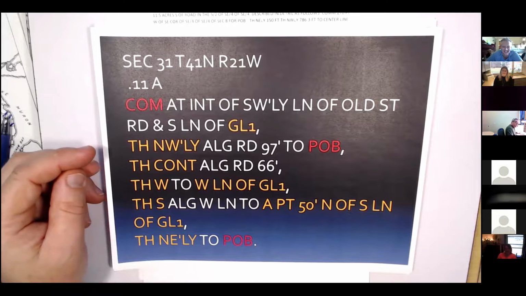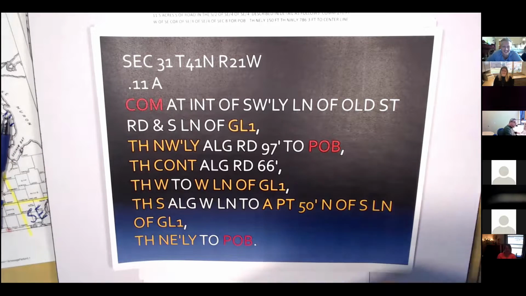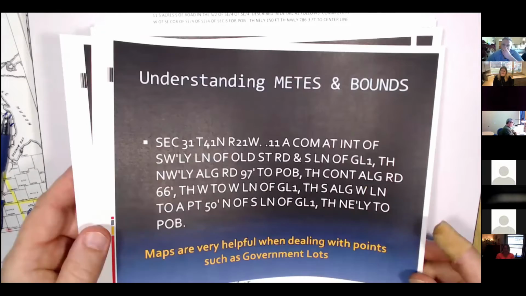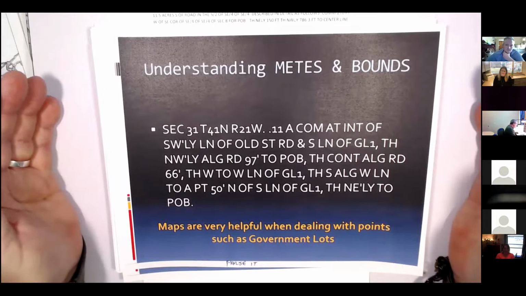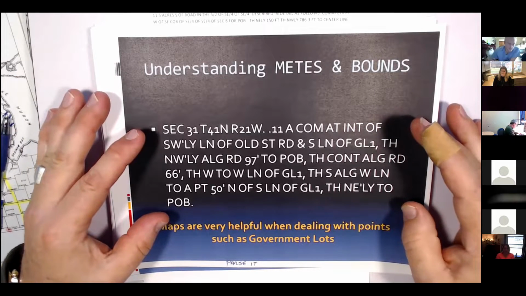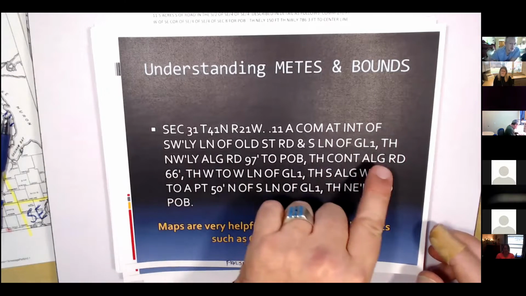So going back to this description, here's the real simple way to deal with these. When you look at this, it gets a little confusing because you kind of got everything here mushed together.